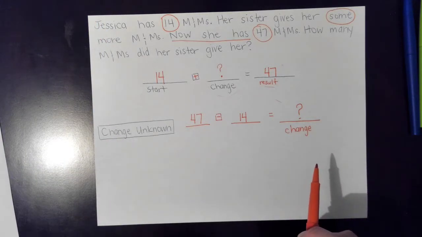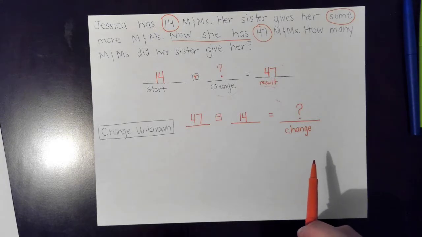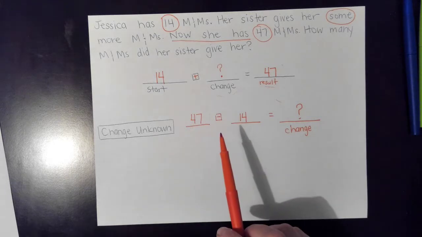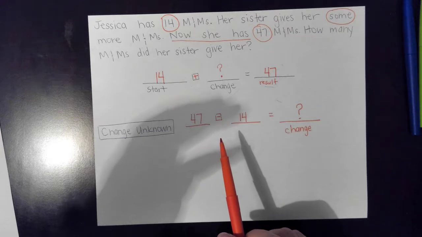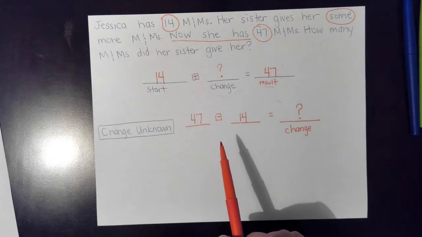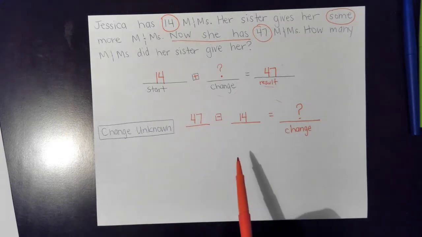So that's what I have to figure out. So in this case, I can use one of my strategies. I know we haven't looked at how to use them with subtraction, but I know I can use one of those strategies to help me figure it out.